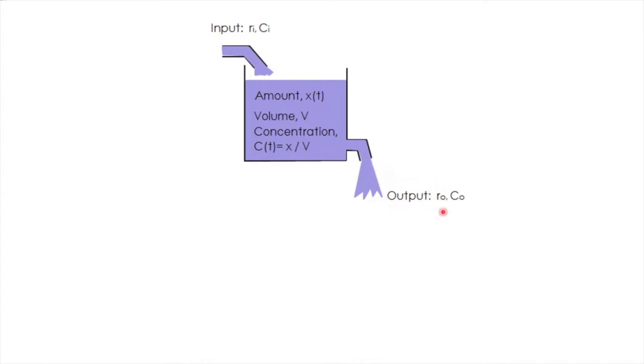This flow rate could be the same flow rate ng mismong substance na pumapasok doon sa ating tank, or pwedeng magkaiba sila. Mas mababa ito kumpara dito sa ating flow rate in, or ito yung mas mabilis. Mas mabilis yung flow rate out kumpara dun sa flow rate in.